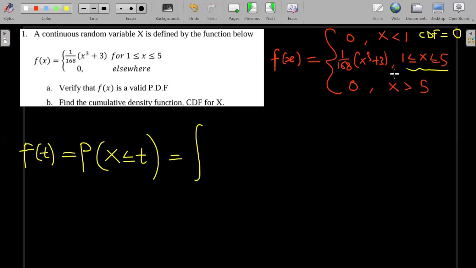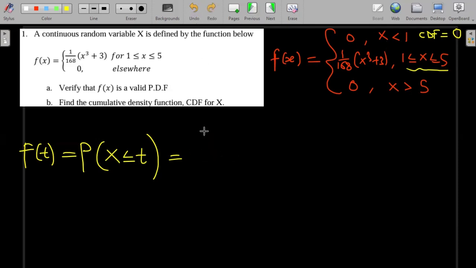So x being less than t simply means that when we want to get the CDF of this part here, we also have to add the CDF of that part there on top. So it will be the CDF of this part, which was just 0, right? So I can say 0, and then plus the CDF. Or maybe we write it in terms of an integral.